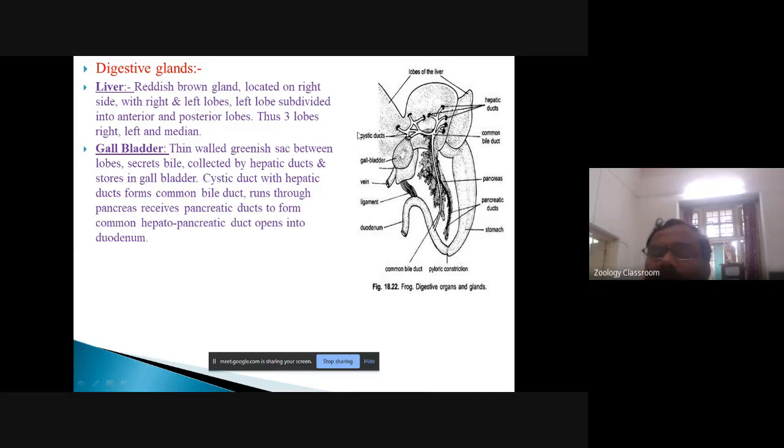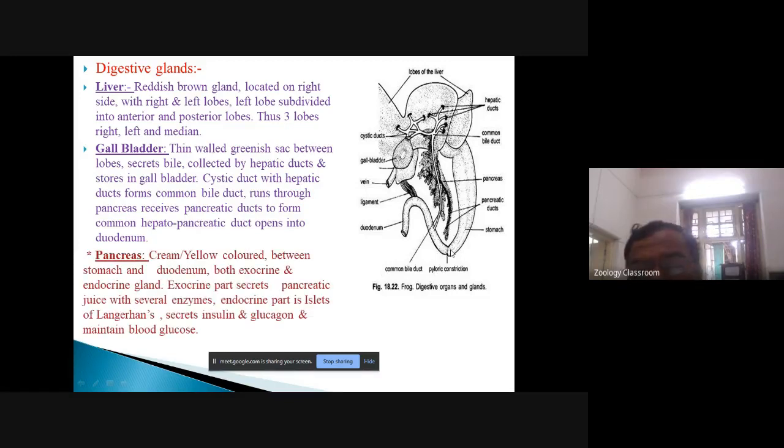From these lobes of the liver, many hepatic ducts arise. All hepatic ducts come together to form the common bile duct, and this common bile duct further passes through the pancreas, and while passing through the pancreas, it receives many pancreatic ducts. So bile duct plus pancreatic duct commonly form the hepatopancreatic duct, and this hepatopancreatic duct opens into the initial portion of the small intestine, that is the duodenum.